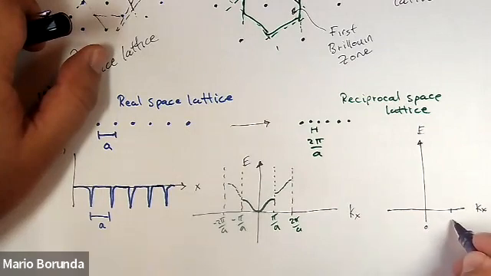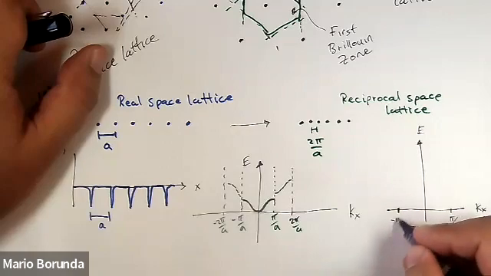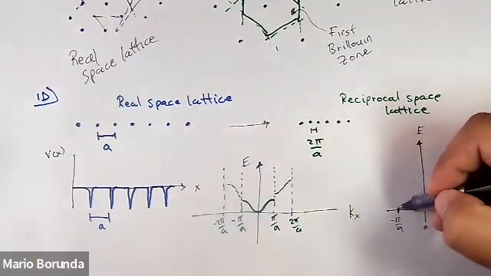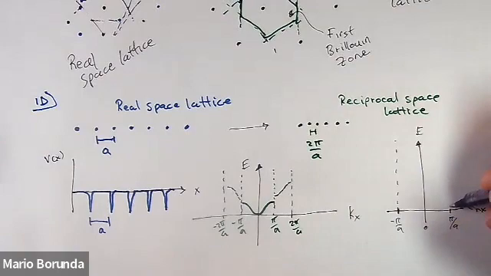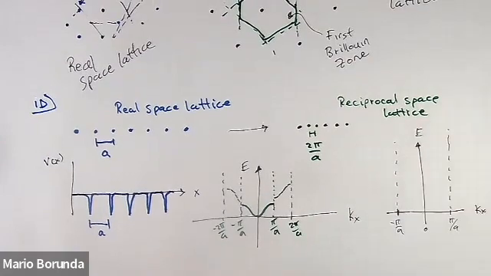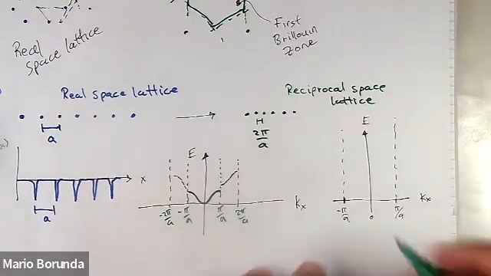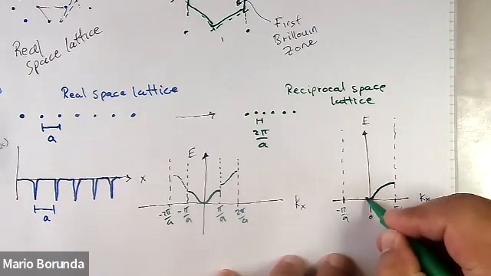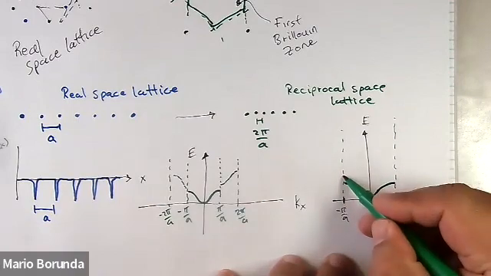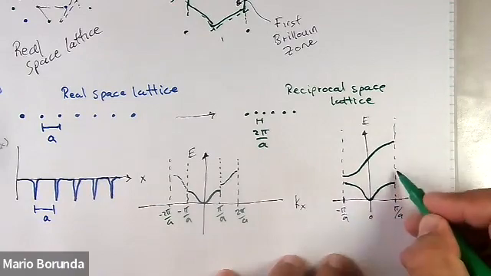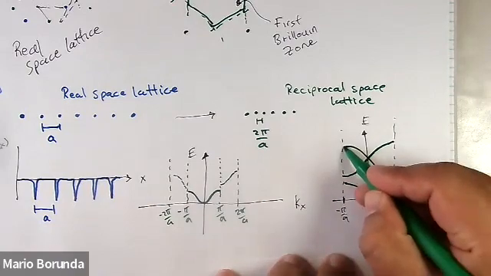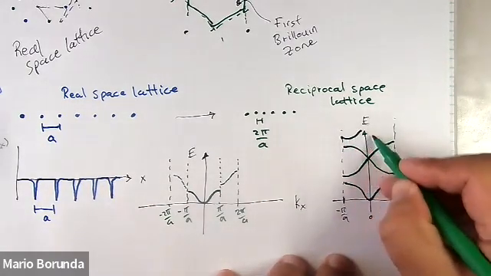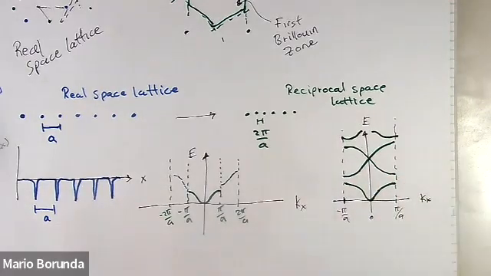This is 0, pi over A, negative pi over A. And you have those bands.